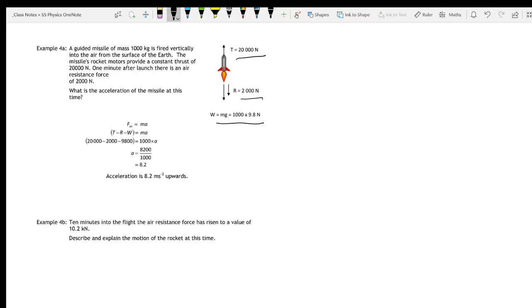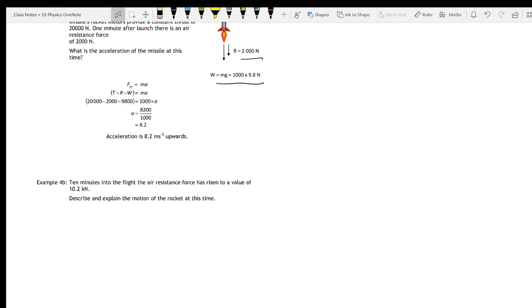So 20,000 take away 2,000 take away 9,800 is the mass, which is 1,000, times by the acceleration. So the acceleration eventually comes to 8.2 meters per second squared upwards. Okay, so a really good thing to do is draw your diagrams, get used to drawing your free body diagrams with your arrows and everything, just so you don't forget anything.